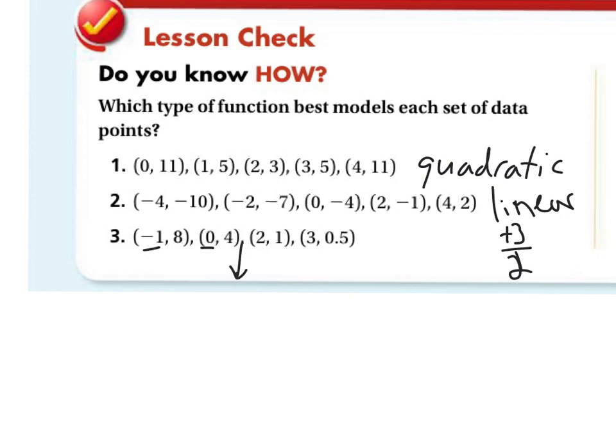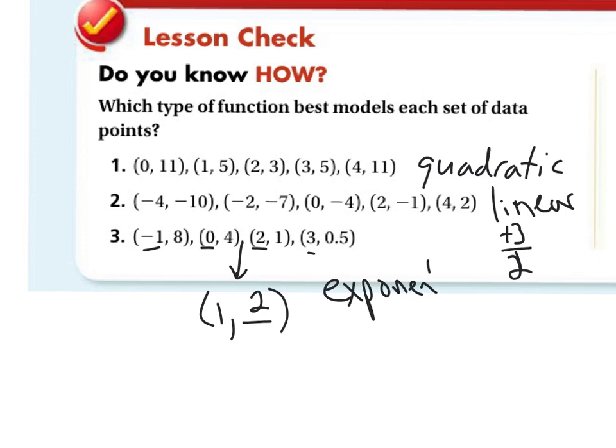On number 3, the x's went from -1 to 0 and then 2 and 3, so they skipped over 1, which if you graph this out or work it out, it's going to be 1, 2 would be the number that should have been there, but they can skip numbers if they want.